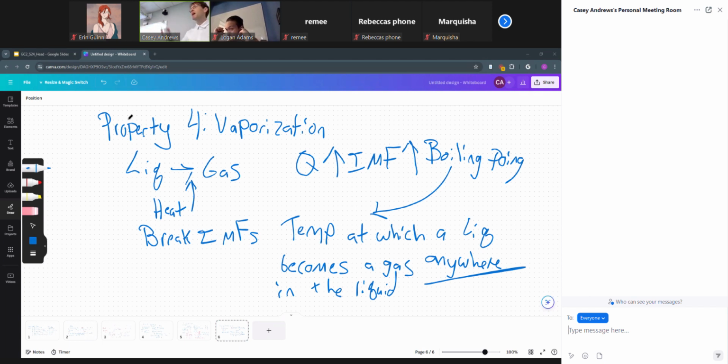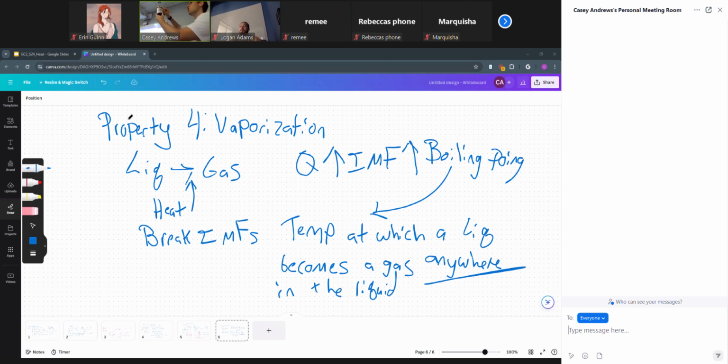Because imagine I had this bottle of Dr. Pepper and I have the cap off. I put it in my office and I come back after 6 months. Is there any soda left in that bottle? No, it's gone. Did my office ever get to the boiling point? No. So liquids are vaporizing all the time. That's what they do.